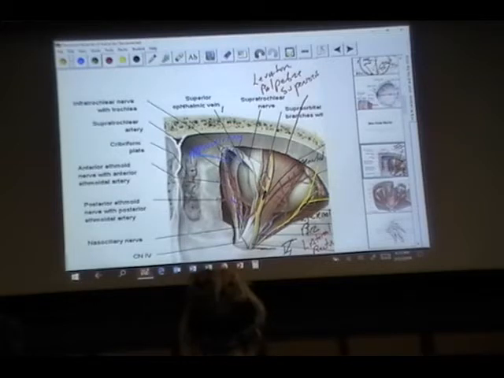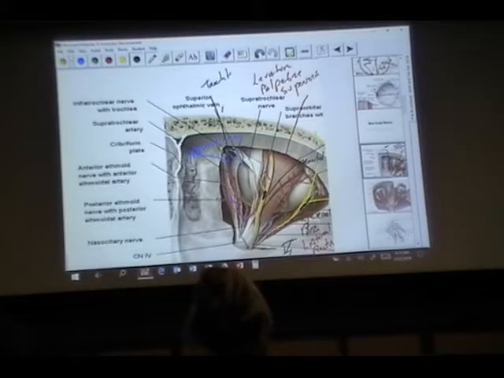Rectus just means straight. We've got this muscle over here that has an interesting relationship with this structure over here that is referred to as a pulley or a trochlea. And this muscle is referred to as the superior oblique.